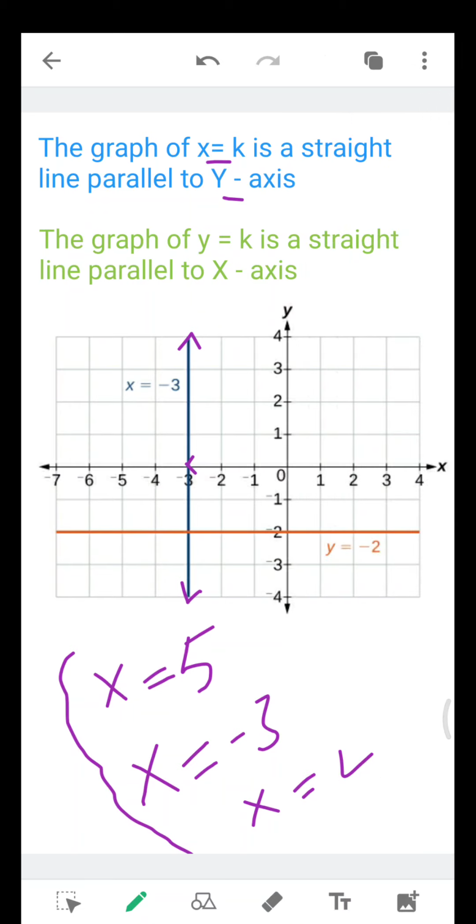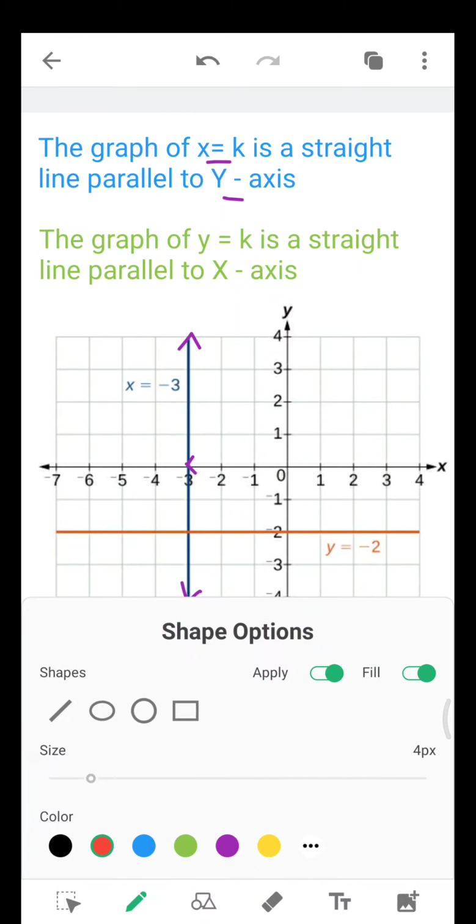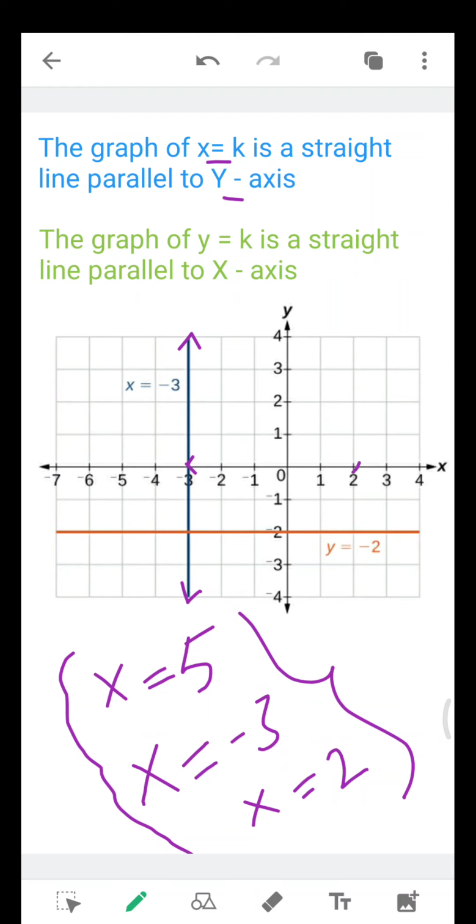You should just see if it is of the form x equals something, that will be parallel to the y-axis. If I say x equals 2, how will you draw the graph of this? Where is 2 here? 2 is here.